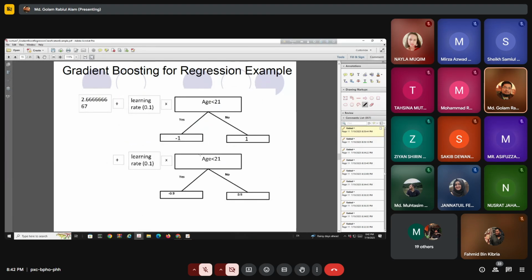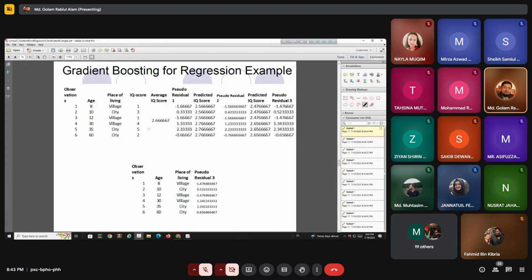Okay, H2. So now the learning model will be F plus rho H1, plus rho H2. So now considering this learning model, we have to again find out our predicted IQ score.